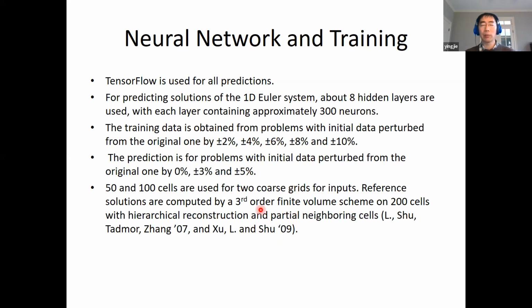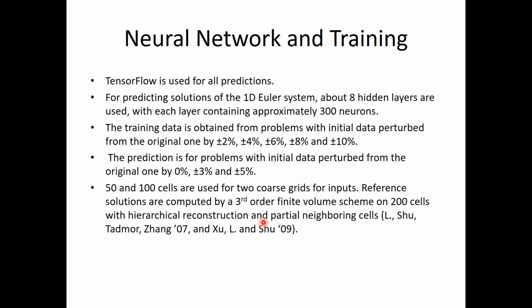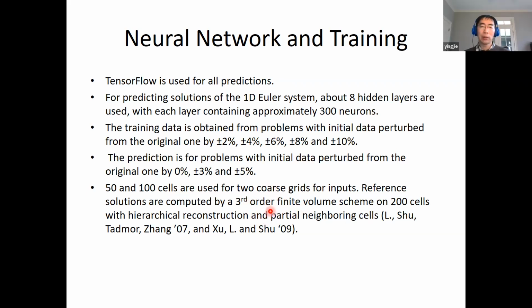This is the scheme we use to compute the so-called exact solution, which will be used in training and as a comparison for the prediction. I would like to mention that for the reference solution, or the exact solution for training, you don't have to use this scheme. You can use any other high resolution method.